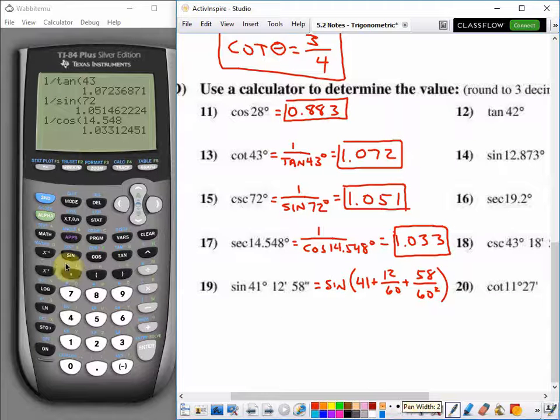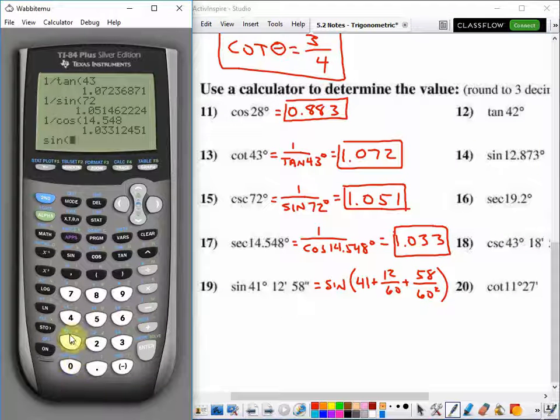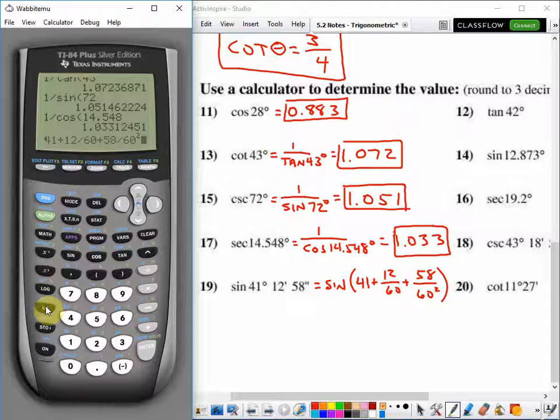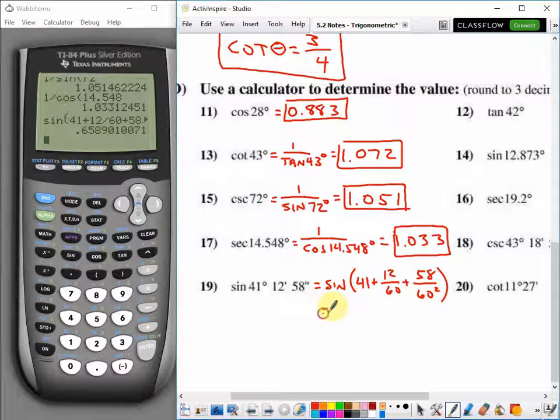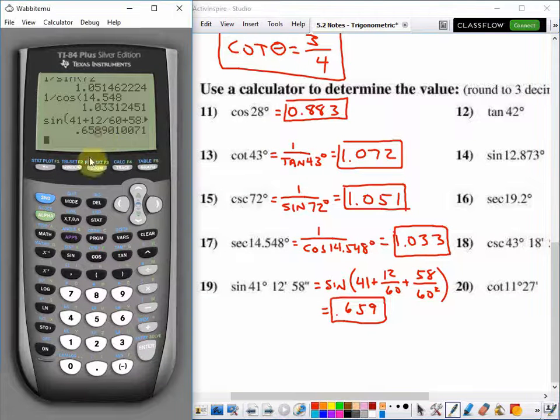So that would look like this: sine 41 plus 12 over 60 plus 58 over 60 squared. 0.6589. So that would be 0.659. That 9 is big enough to bump that 8 up 1.